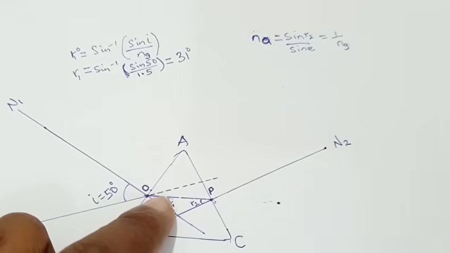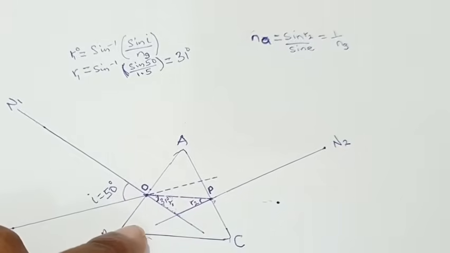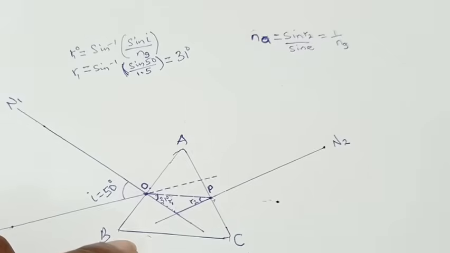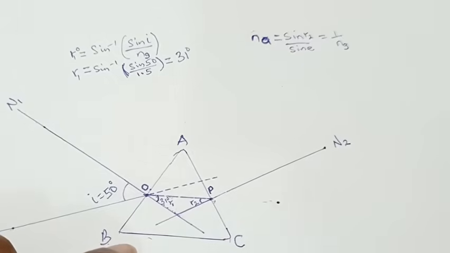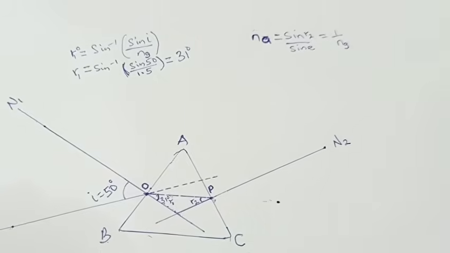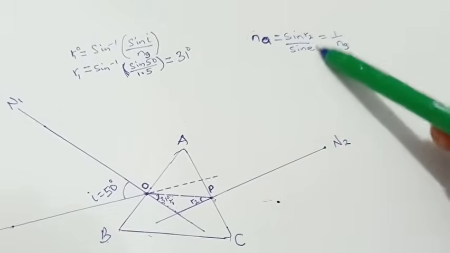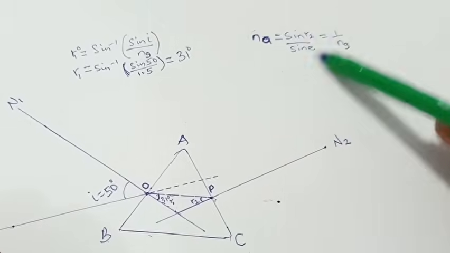If light is traveling from, let's say, medium A to medium B, and you know the refractive index of medium A, the refractive index of medium B will now be 1 over refractive index of medium A. They are inverse. Okay? So since I don't know the refractive index of A, I'll now have to go through the refractive index of glass to solve whatever I want to solve here.